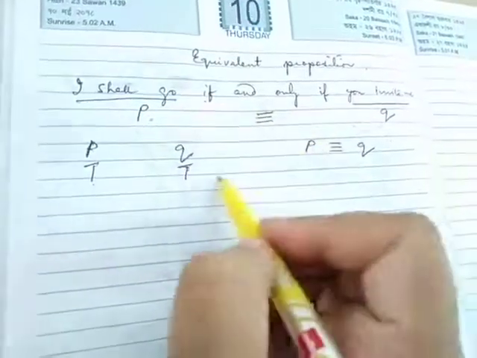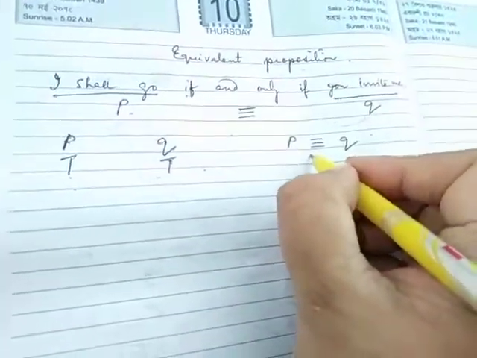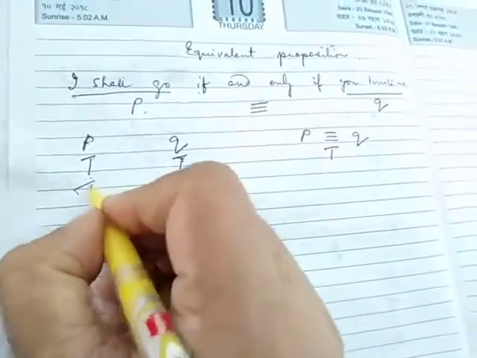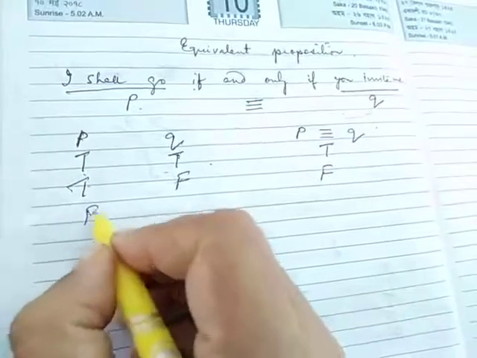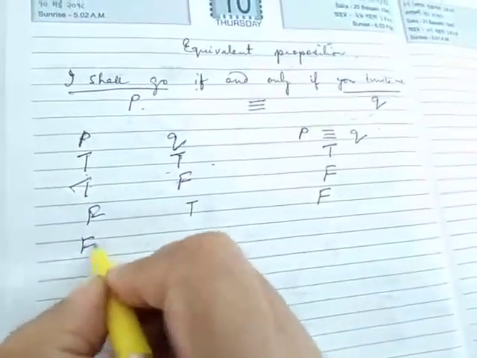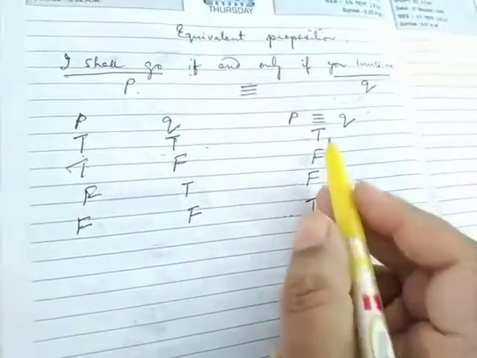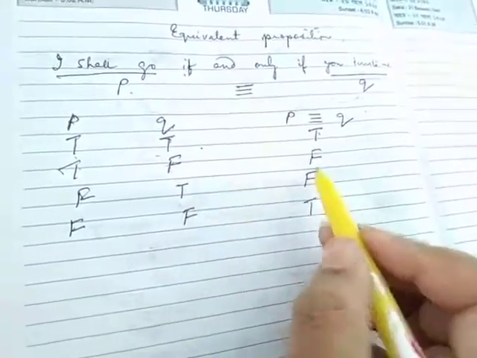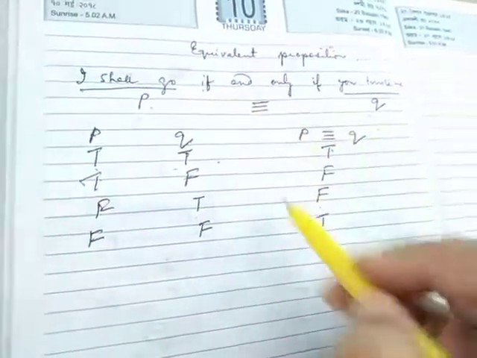I shall go and you invite me. Both the values are true. Both the values are equal. That means it is true. But if both the values are not equal, then it will be false, because this is an equivalent function. So if both the values are equal, then the value will be true. Otherwise, it will be false. Okay. So this is equivalent function.